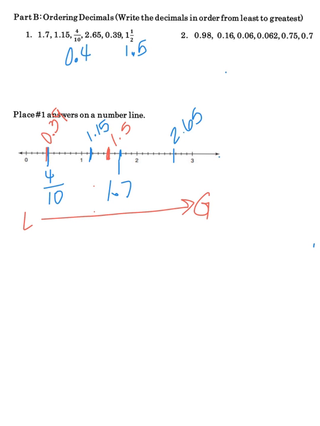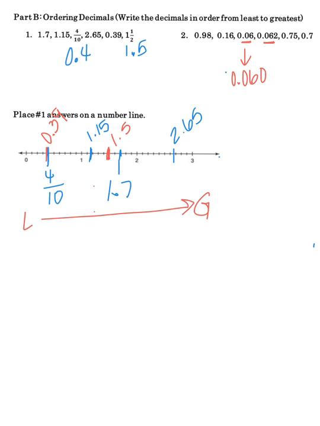Then we move to the tenths place. So in the tenths place, we have 2 decimals that have a 0. So we've got to decide which is greater. If we rewrite this 0 6/100 to have the same number of place value as the 62 thousandths, we see that 60 thousandths is less than 62 thousandths.